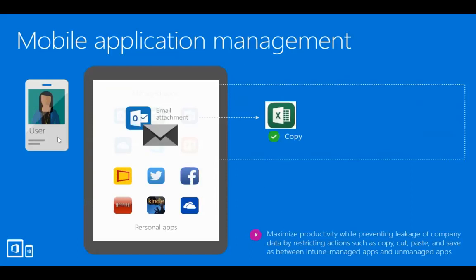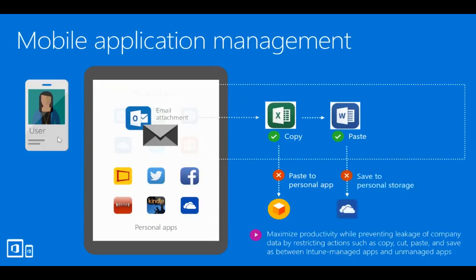For example, I'm accessing my email on my phone and I have copied the data onto my personal space of the phone. Maybe with the policy, if that is allowed, I will be able to do so. If that's denied, I cannot do that. All right, I try to be smart. I try to paste it onto a Word document and then try to save it onto some other place. That's denied as well. So maybe I may not be allowed to copy the data from my corporate to my personal storage or to my personal apps.